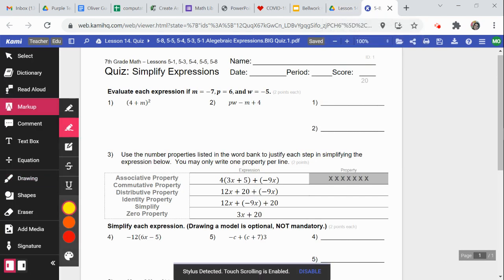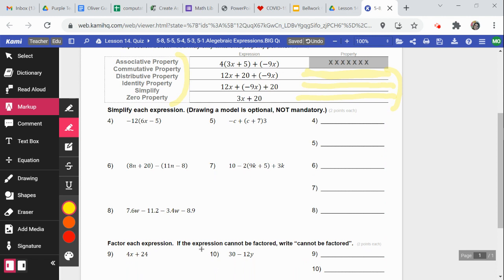Make sure you are filling one of those properties inside each of these lines. Okay, so you have 3 of these things that are going to go in these spots. Then make sure you use your distributive property through this section. You're using distributive property and combining like terms.